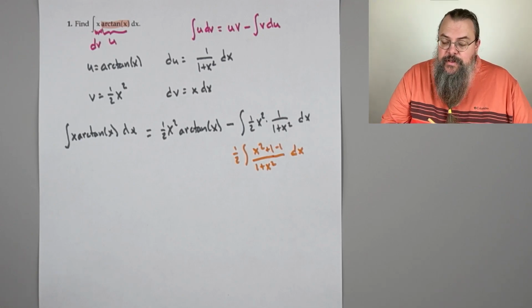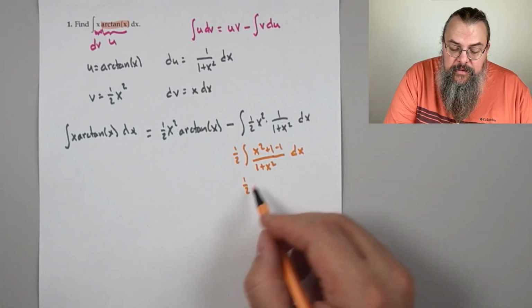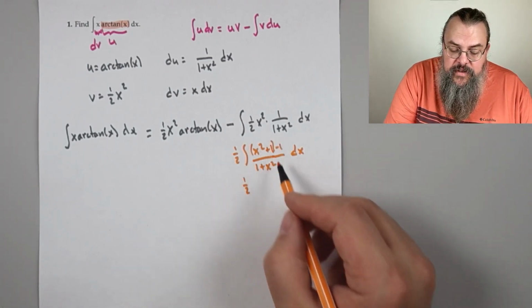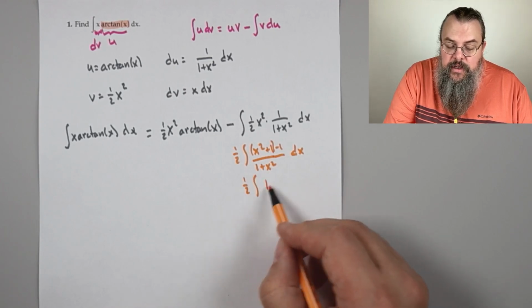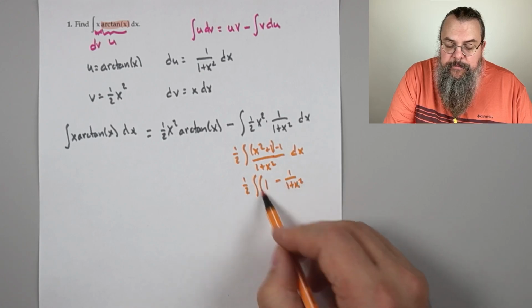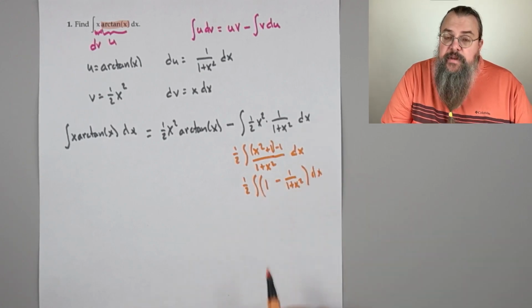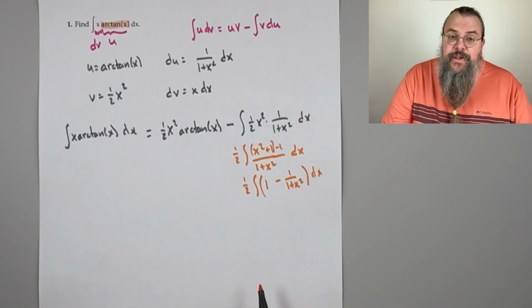So what do we have? Well, we really have 1/2. And now, think of the first piece: x squared plus 1 over 1 plus x squared would be 1. And there's a minus 1 over 1 plus x squared. And each of these pieces is nice. It's something we can work with.